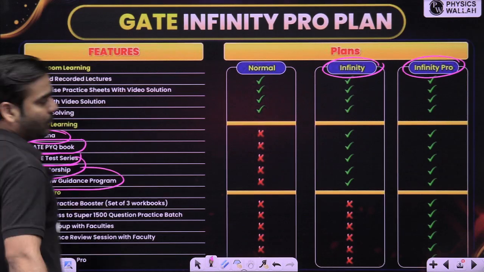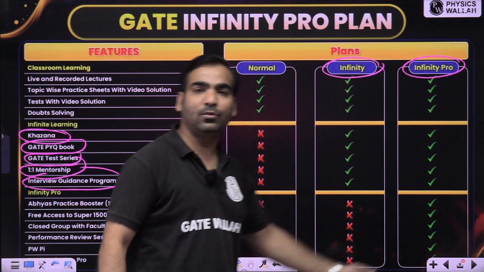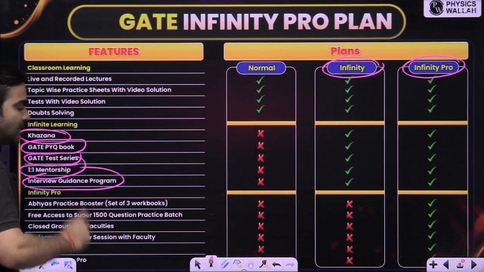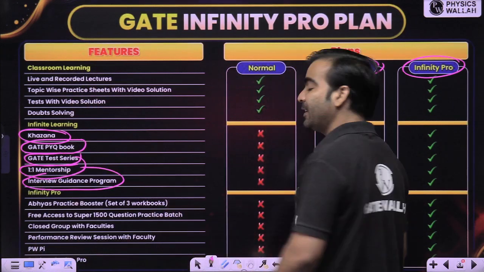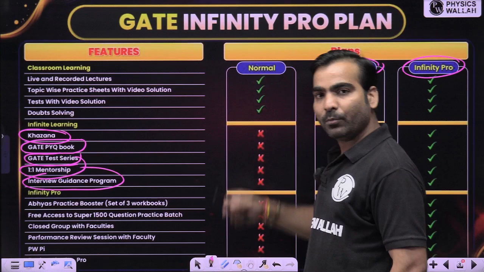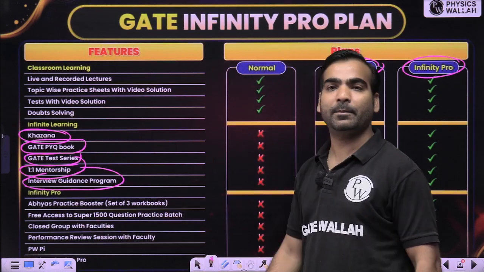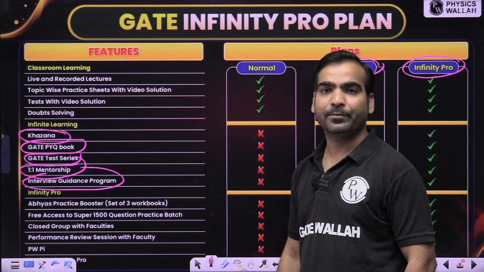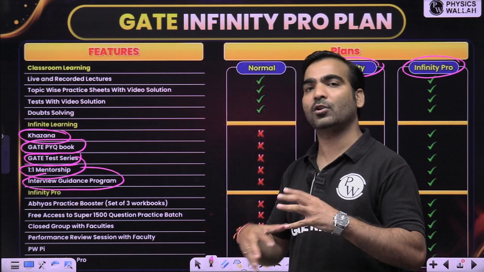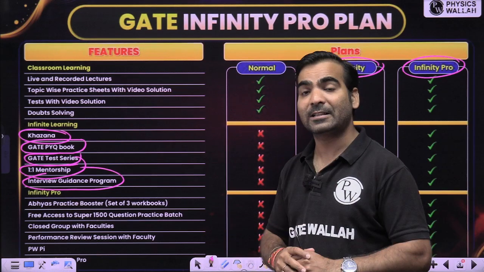What is extra in the Infinity Pro compared to the Infinity plan? In the Infinity Pro you have the Abhyas practice book, a set of 3 workbooks. I will tell you more about these Abhyas books. Free access to the Super 1500 batch. In October-November we will have the Super 1500 batch where we solve questions directly in the class for your good practice.